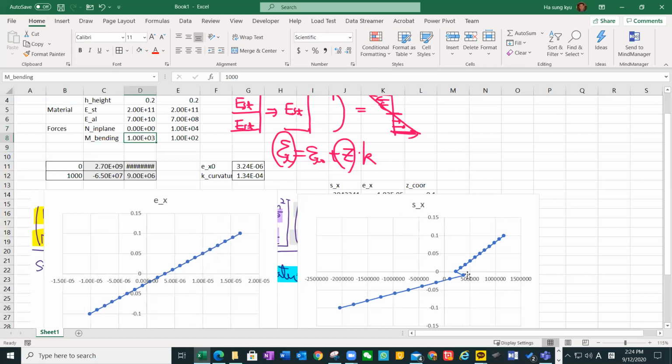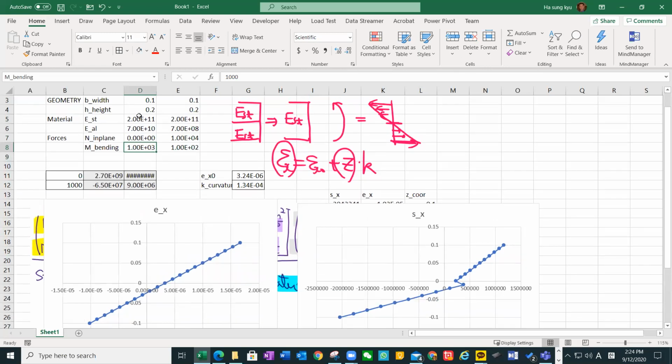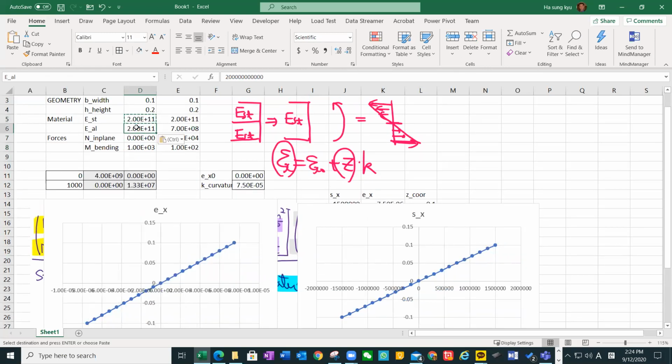Let's just take a look at this pure moment. The same material will have the same linear strain and linear stress, no doubt.